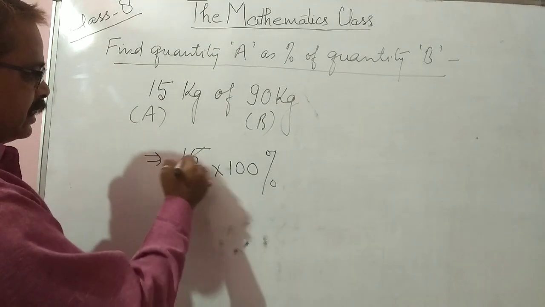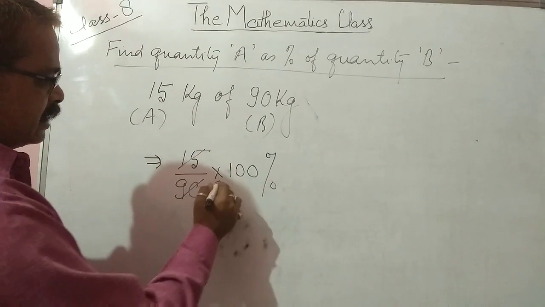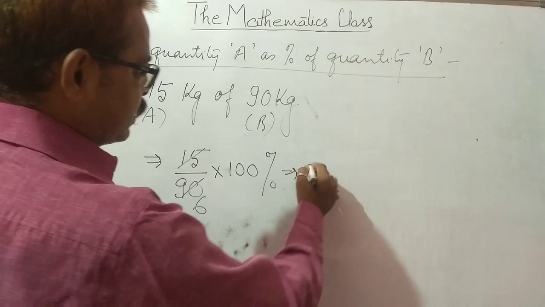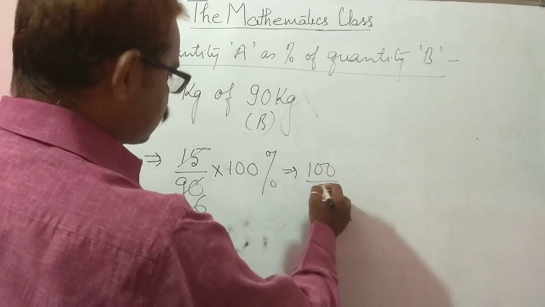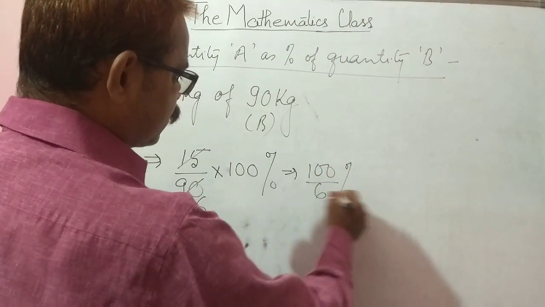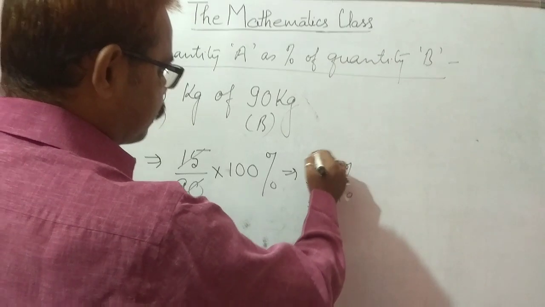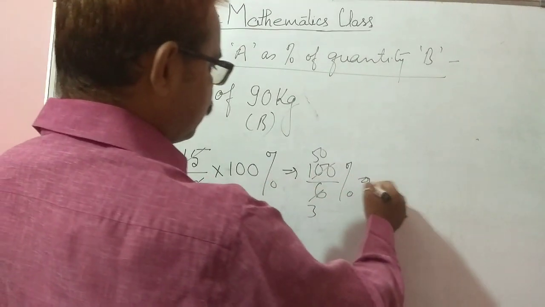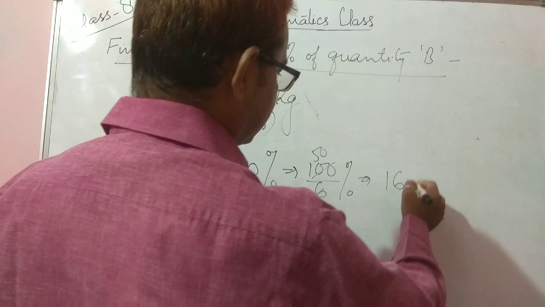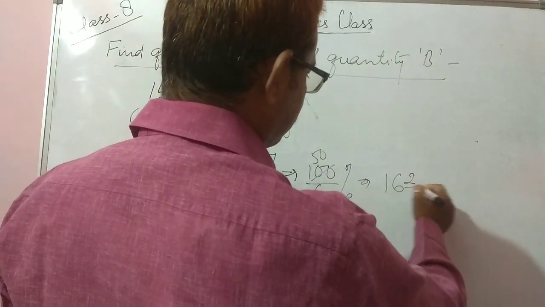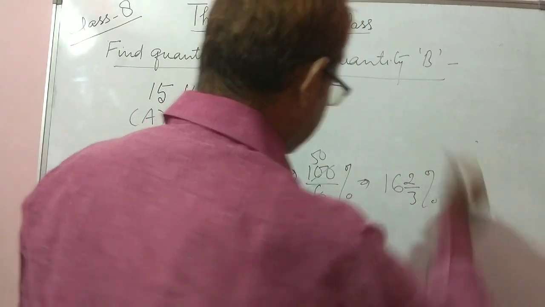So 15 upon 90 times 100 gives 100 upon 6%, which is 50 upon 3%, or 16 and 2 upon 3%.